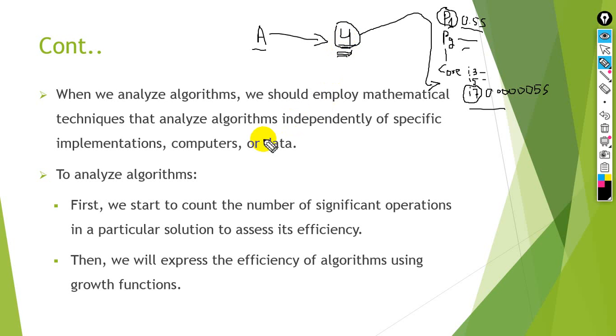So the meaning of this sentence is: analyze algorithm independent of specific implementation.